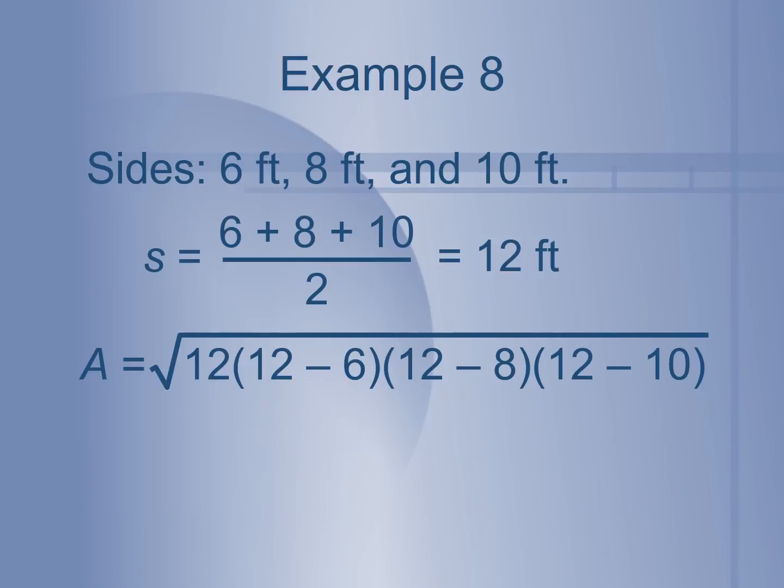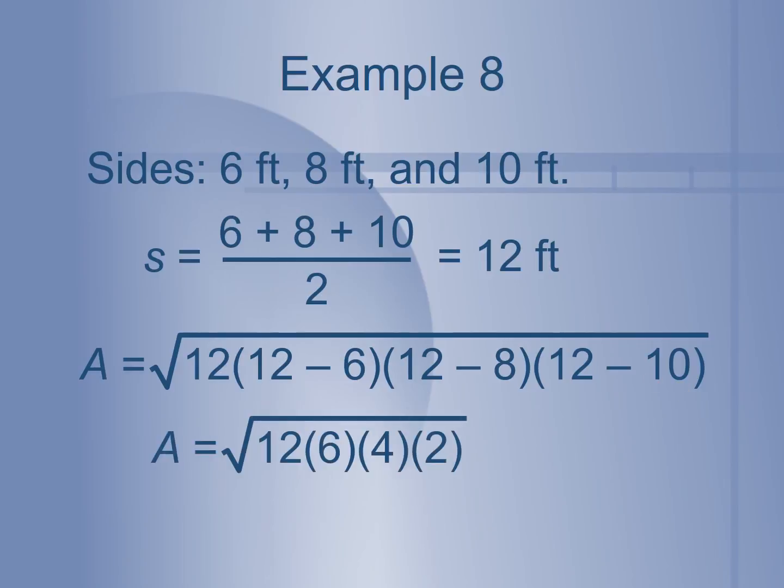And then S minus B, and then S minus C. So remember, B was 8 and C was 10. So we will multiply that to get 12 minus 6 is 6, 12 minus 8 is 4, and then 12 minus 10 is 2. And then we'll multiply that together, and then take the square root of it, and we end up with 24.